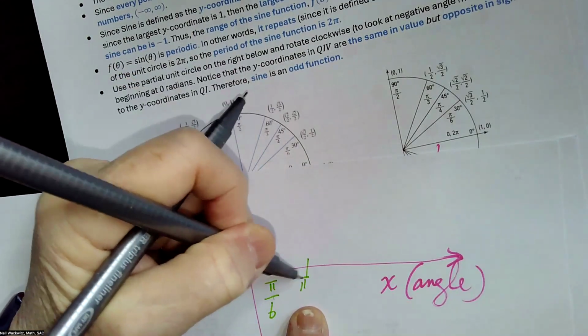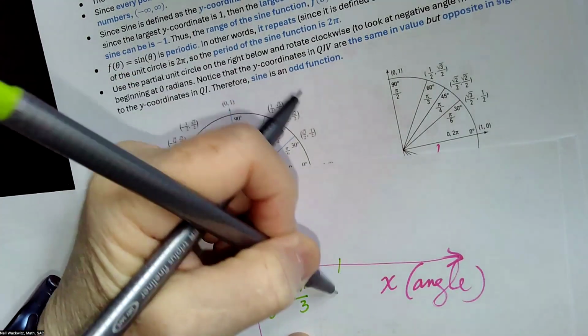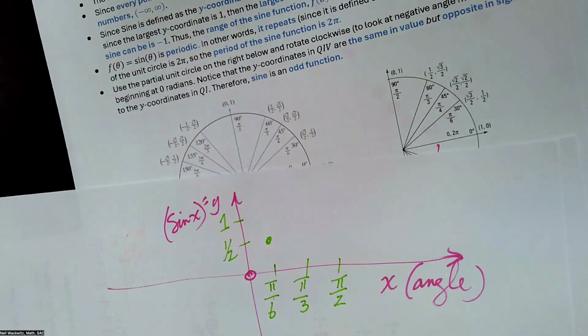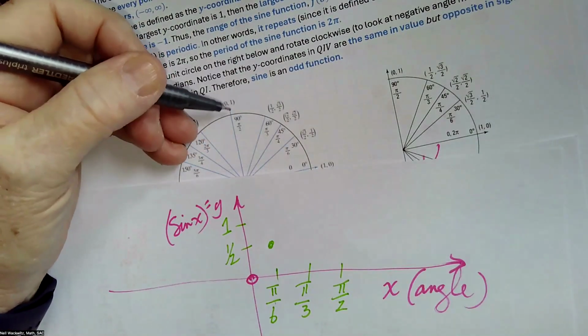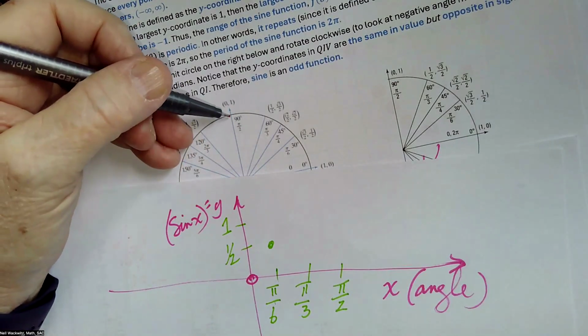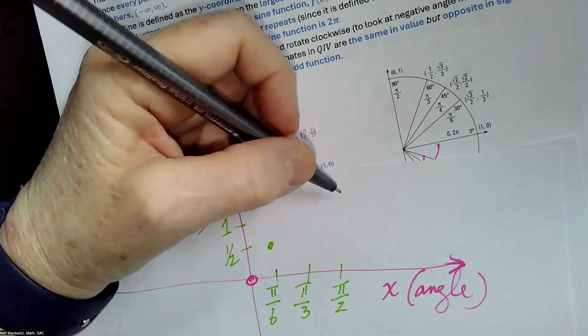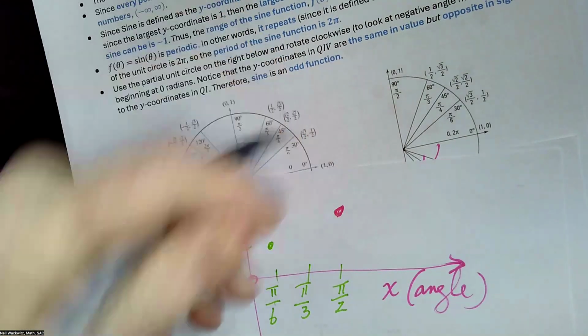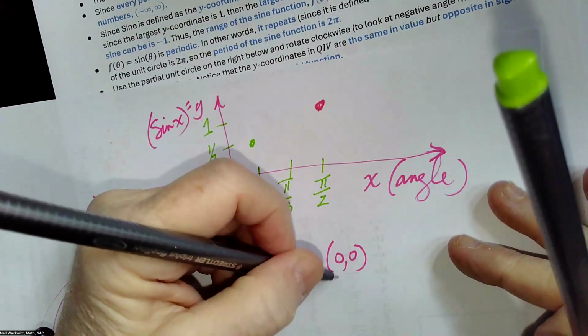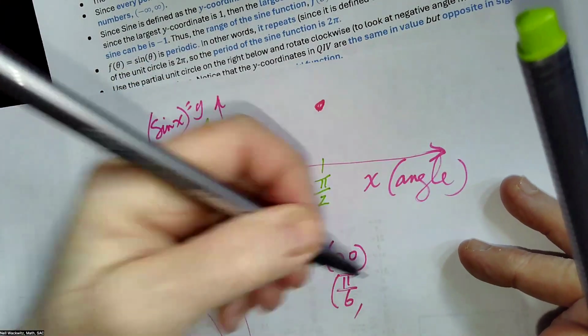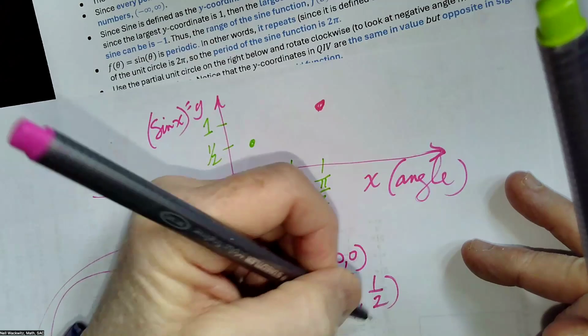And then we go to pi over 3. At pi over 2, sine is also nice, because we know that the y value up at the top here is 1. So I've got 0, 0, pi over 6, 1/2.